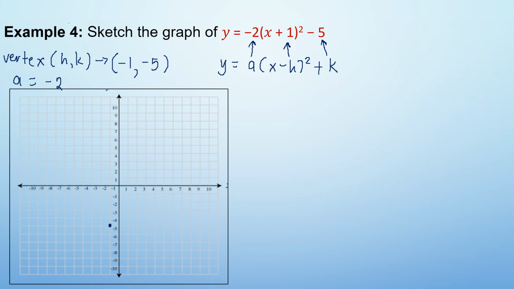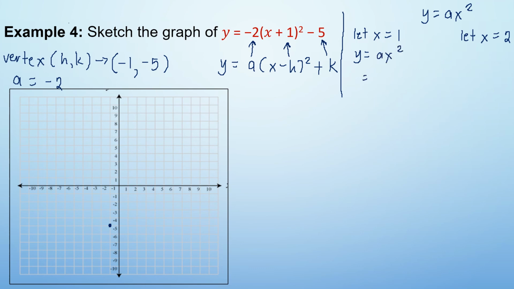So again, the question is, how can we graph the function without a table of values? Again, we will use the formula y is equal to ax squared. First, we will let the value of x be equal to 1, and then let the value of x be equal to 2. After that, we solve for y using the formula y is equal to ax squared.